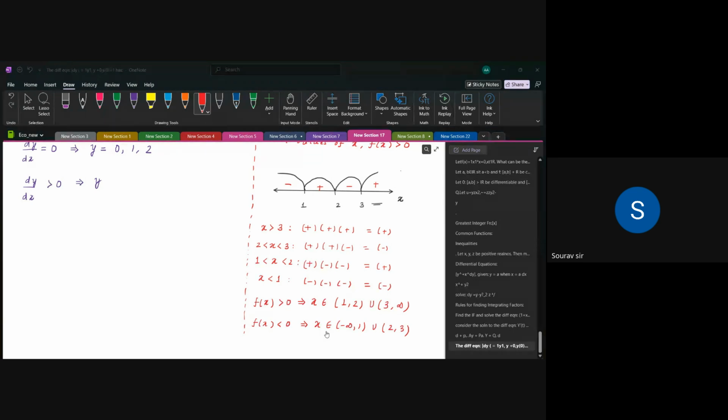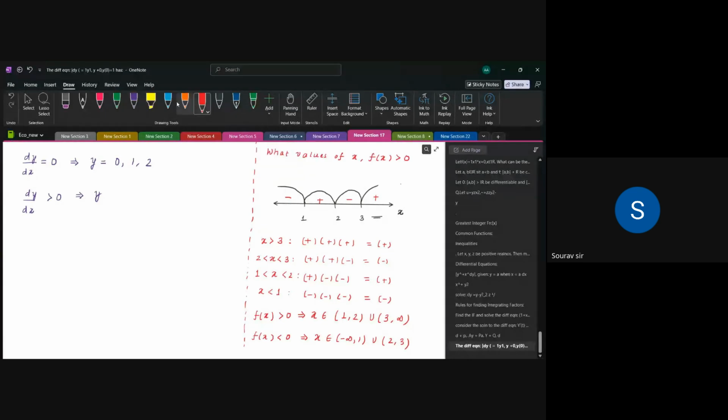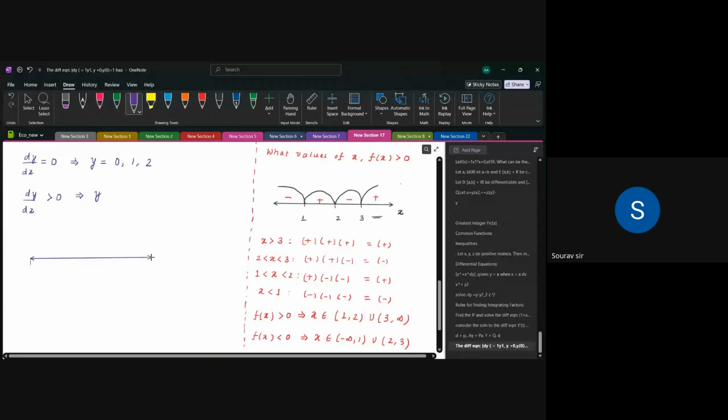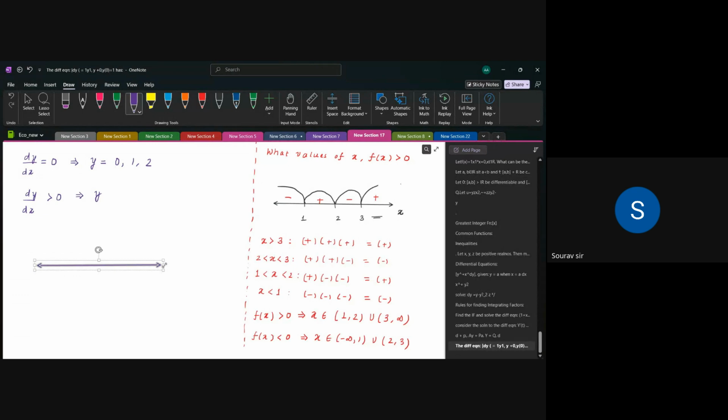So here also I will construct a similar kind of number line diagram for y. So y, if dy/dx is 0 at 3 points, right? 0, 1 and 2.